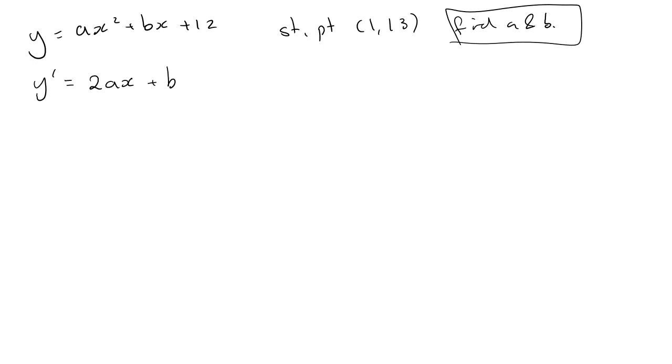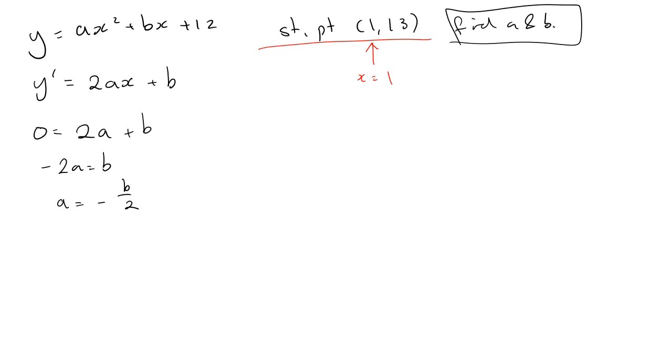Now this piece of information is telling us that the gradient is 0 at x equals 1. So 0 is equal to 2a times 1, which is still 2a, plus b. Okay, so negative 2a equals b, and a equals negative b on 2.